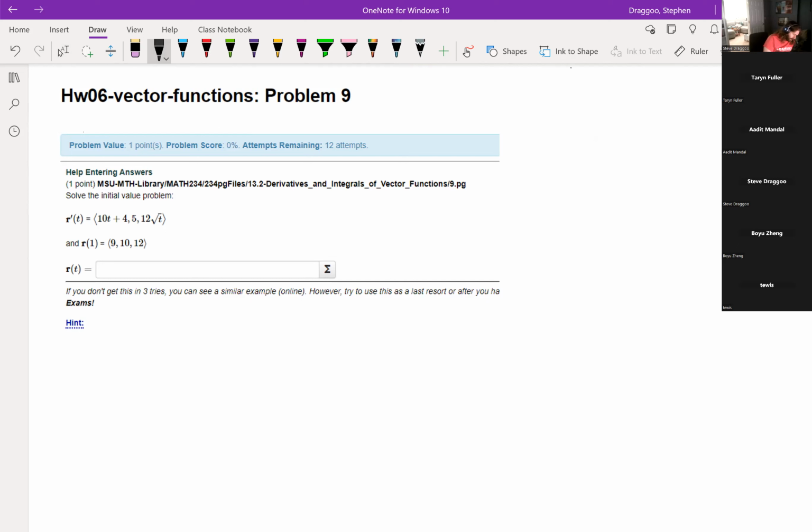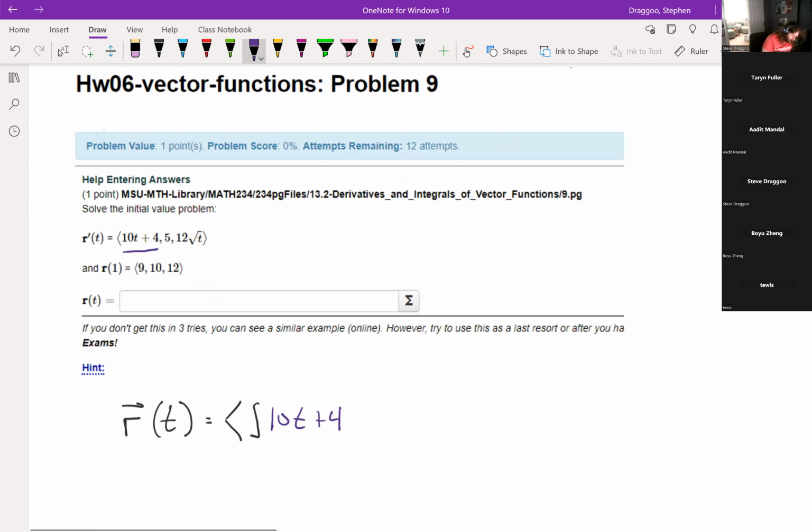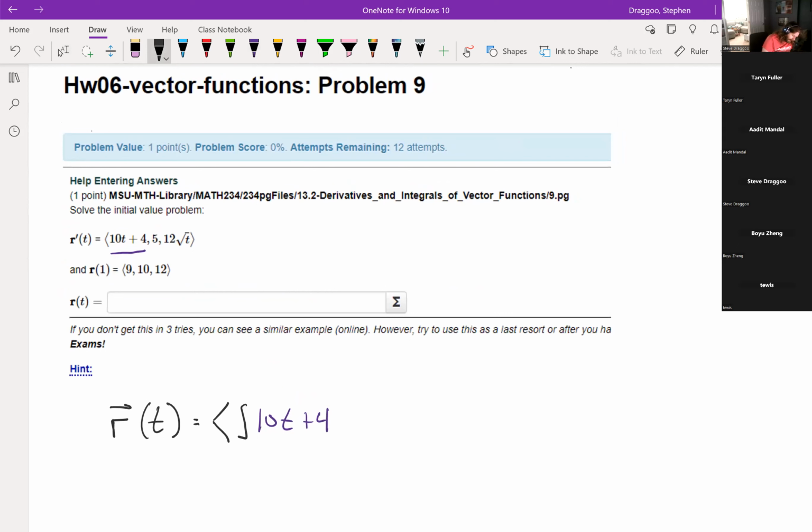So I'll take the new vector that I want to solve for, regular r of t. It'll be the integral of the derivative vector, where I just have to integrate each piece line by line. So I'm going to integrate the x values. I have the integral of 10t plus 4, that's our x component, dt.